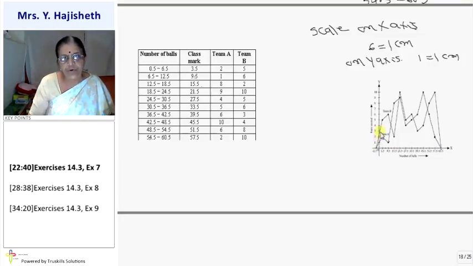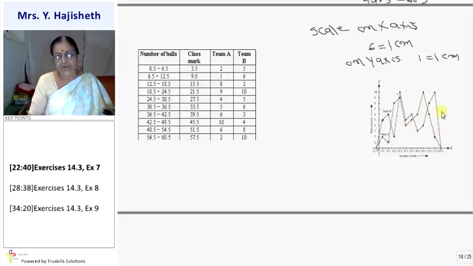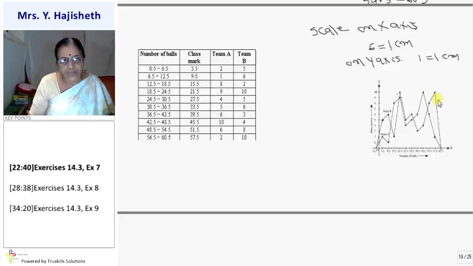For the second, the first point is (3.5, 5), so 3.5 and 5. Then (9.5, 6). Right? Then it comes down to 2. Then it goes up again. Clear? Then comes down again, then goes this way. The last point is (57.5, 10).